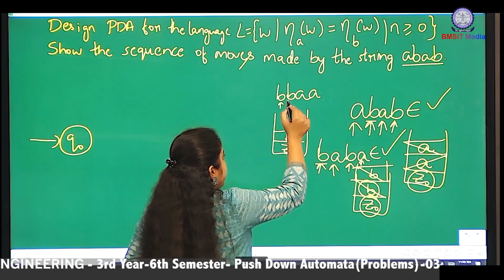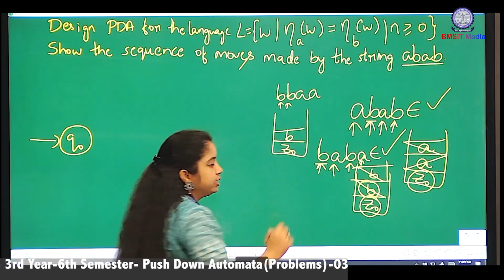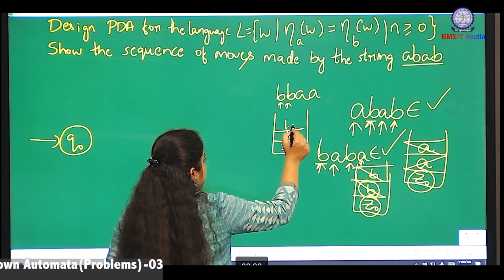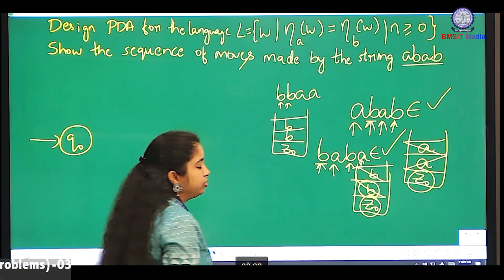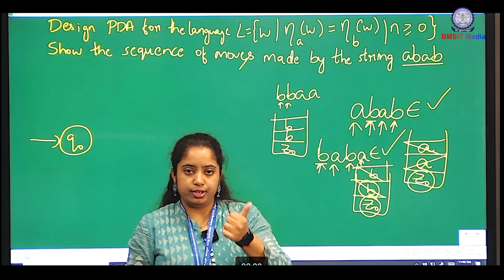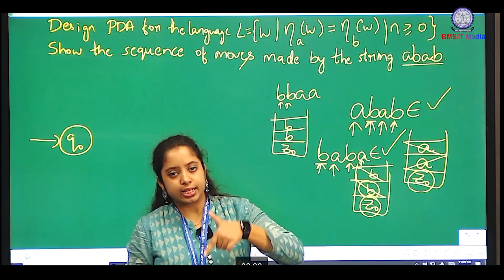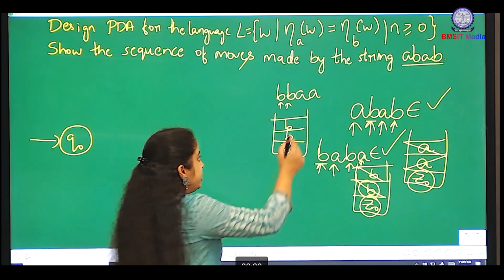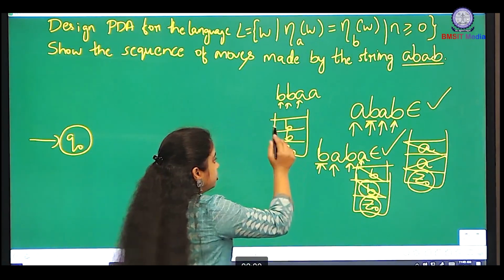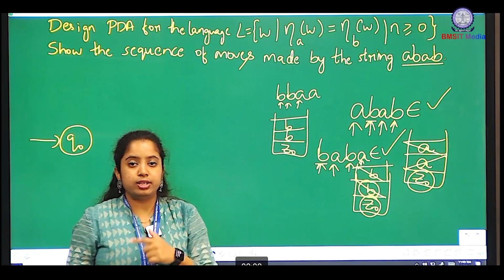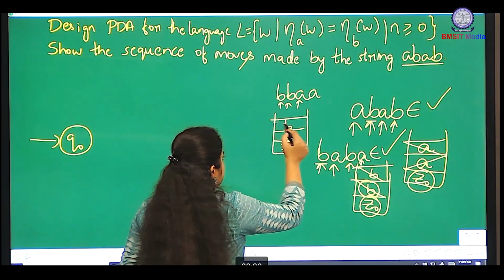Now, again you are reading B and B is on the stack, so you push that into the stack as well. If the input element is B and the stack element is also B, then you just push it into the stack. And for the next A, the input symbol is A and B is the top stack element, again opposite, so you will start popping it.